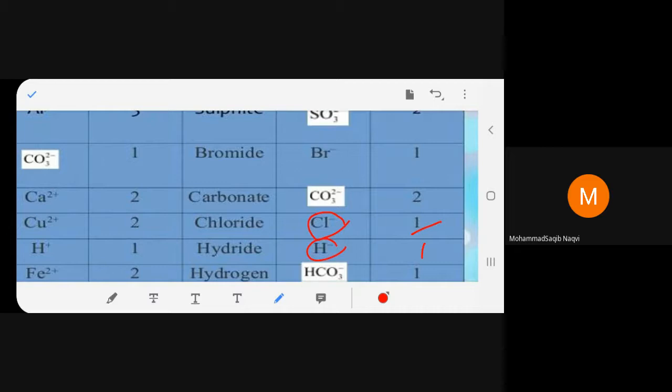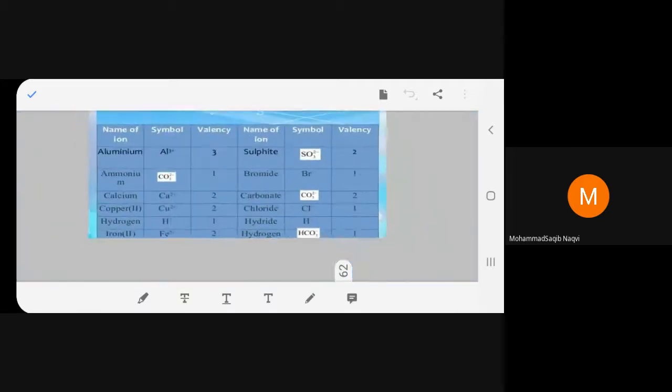Is it clear? This is hydrogen carbonate. Only 1 minus. So it is 1. So whatever minus you see, either this 2 minus or 3 minus or only 1 minus, it depends on the valency. You can say that these are the valency. Based on the number of ions, you can define the valency.